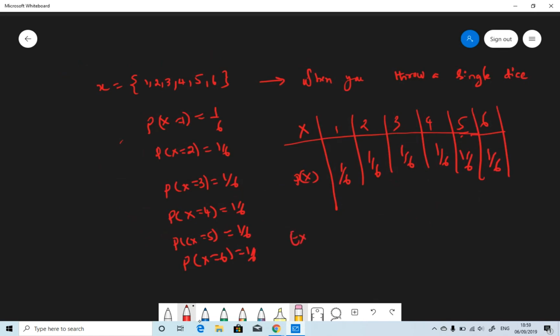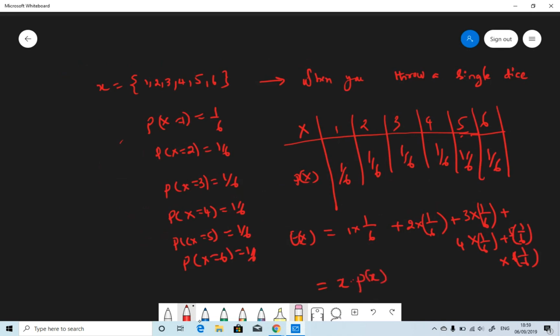So what is the expected value? It will be 1 into 1 by 6 plus 2 into 1 by 6 plus 3 into 1 by 6, 4 into 1 by 6, 5 into 1 by 6, and 6 into 1 by 6. This we can write as x into p of x. This term is the probability of the event happening, right? Agree or not agree?